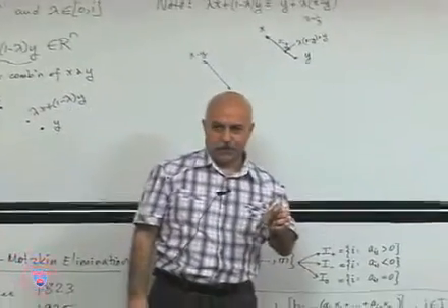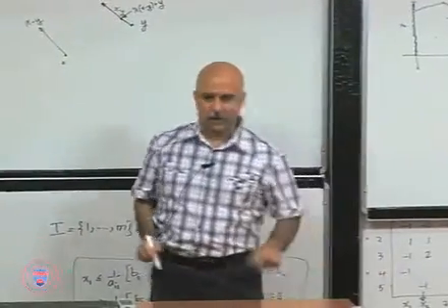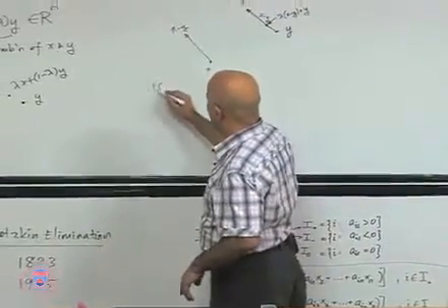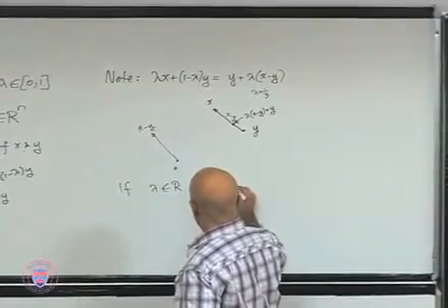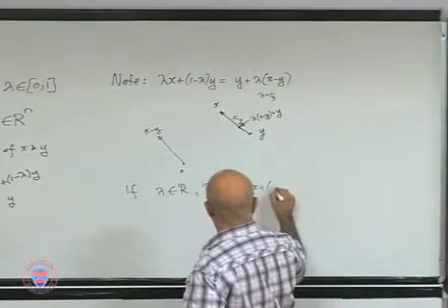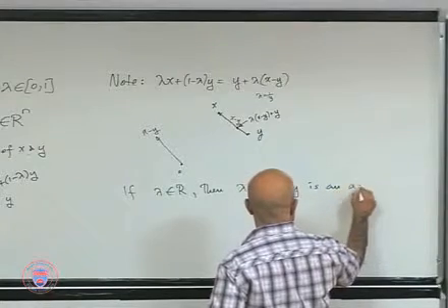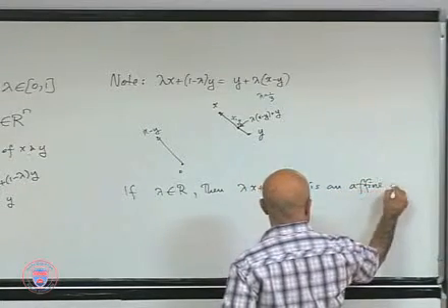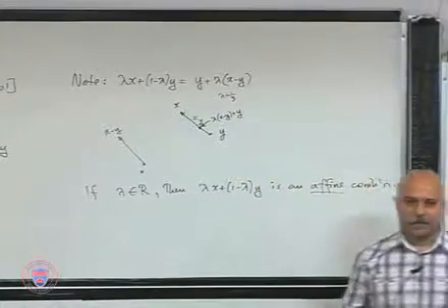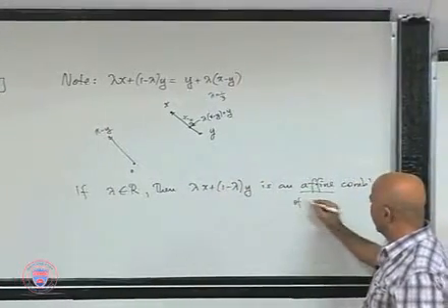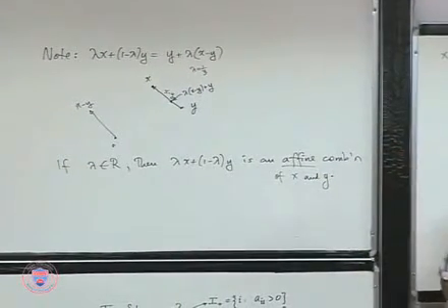Any real times the first vector plus any real times the second. Affine combination, yes. If lambda is any real, then lambda x plus 1 minus lambda y is an affine combination of x and y. Okay? Good.